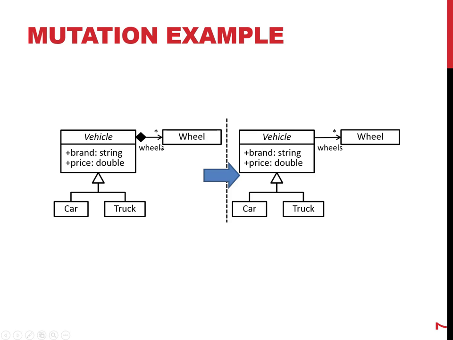And also a vehicle can contain a set of wheels. When we applied this mutation operator that replaces the relation type by a different one, we can see in the generated mutant that this wheels composition relation has been replaced by an association relation with the same name.